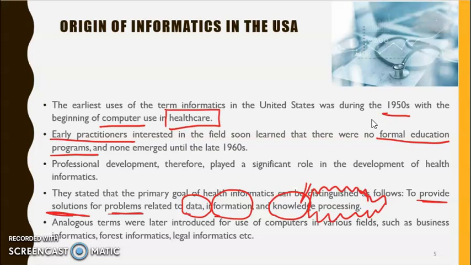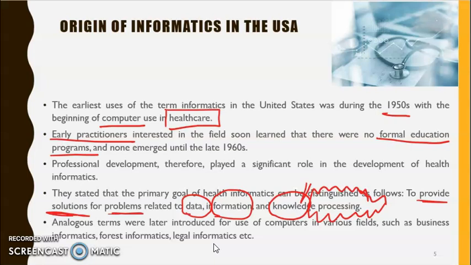So in any field where you are using a computer, with the coordination we discussed, you can put the name of informatics next to it. For example, we have business informatics, forest informatics, legal informatics, sport informatics, predictive informatics.